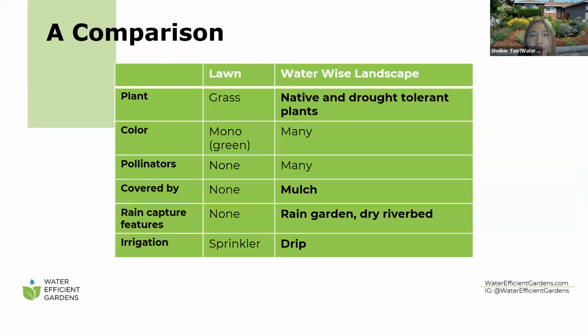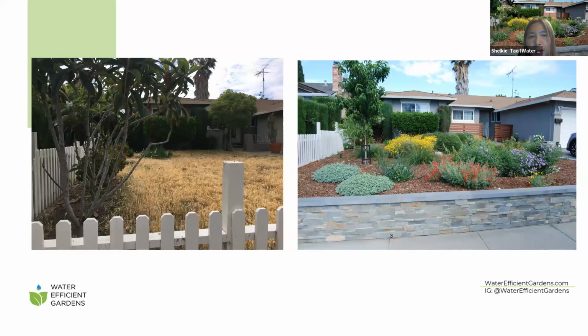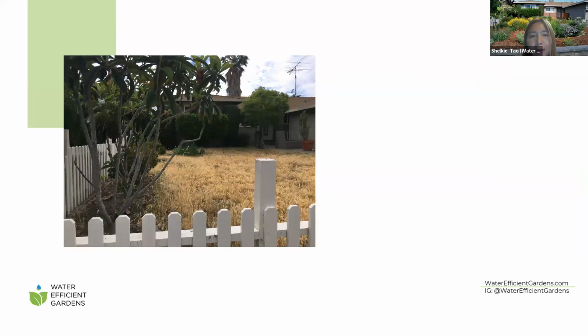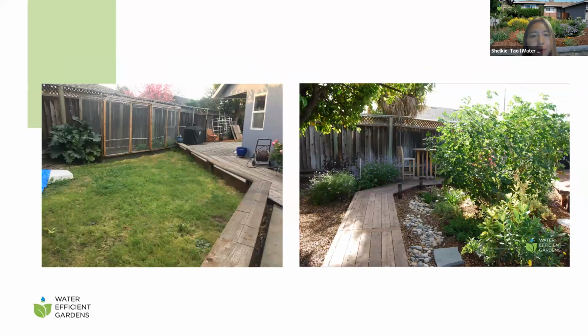So what are some of their differences? First and foremost, it's the plants. For the before landscapes, it's just lawn, all green grass.